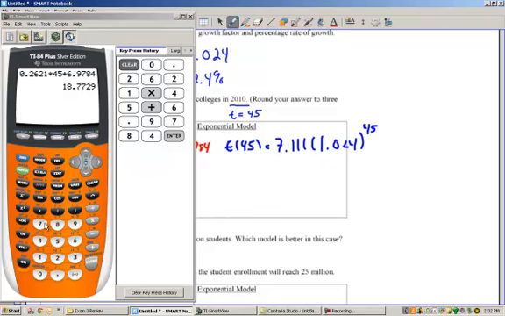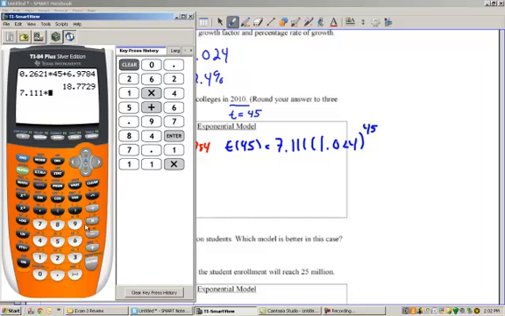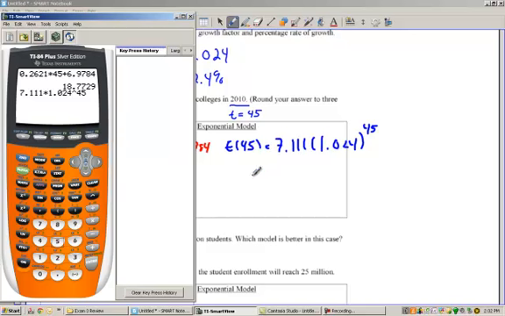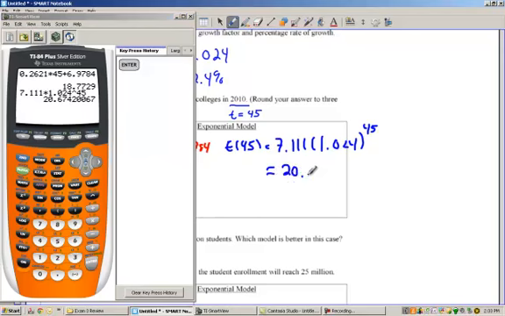I can crunch this number on here, 7.111 times 1.024 raised to the 45, and hit enter, and I get my answer here. This one I'll round to 3 decimal places, so approximately 20.674, again, million students.